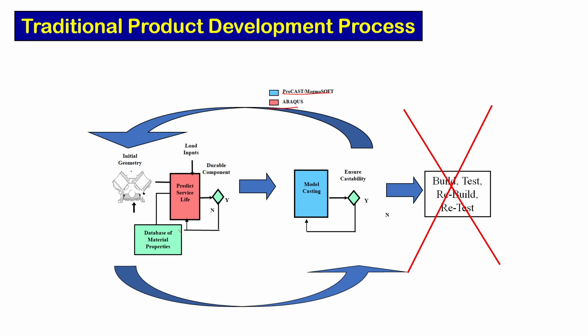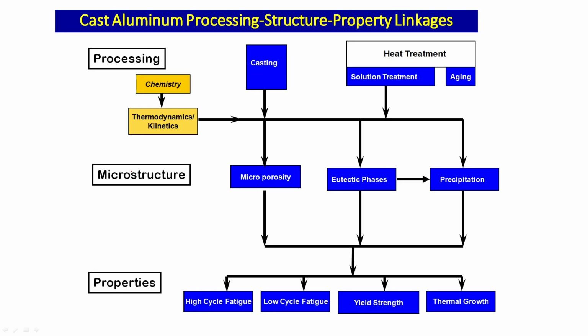Therefore, for aluminum cast structures, you have a chemistry, that is the composition, that allows you to generate thermodynamic or kinetic databases, with kinetic features like phase diagrams or diffusion. Then you can do a virtual casting. Once you do a virtual casting, you can test even microporosity, and you can test the microstructure, like precipitates and eutectic phases.